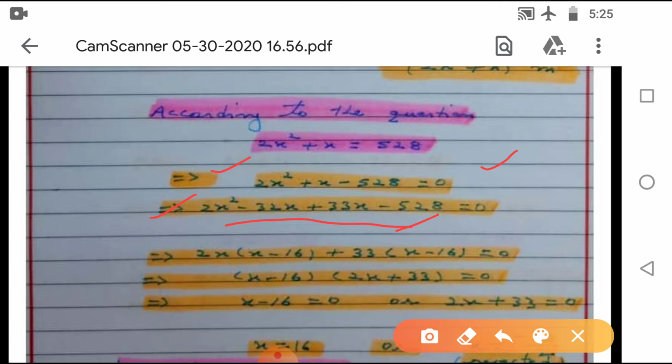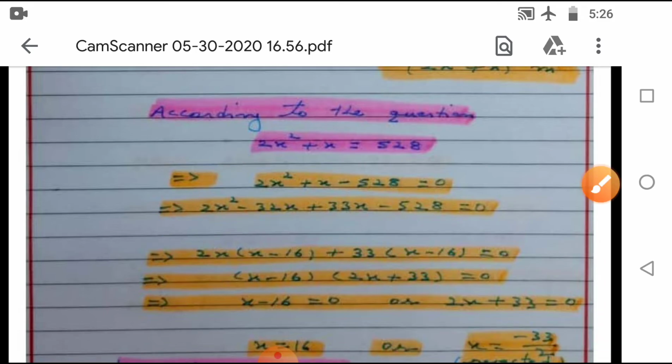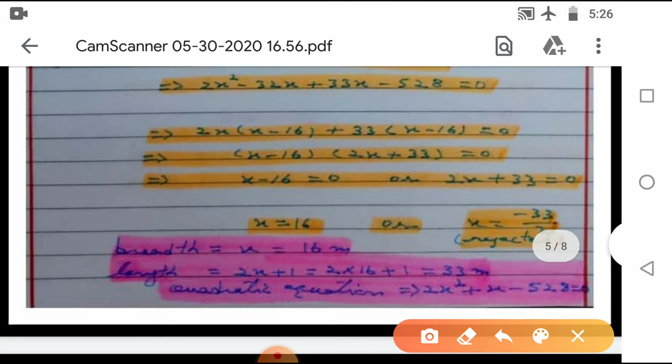So, 2x square minus 32x plus 33x minus 528 is equal to 0, and when you take common from the first two terms, that is 2x, it becomes 2x into x minus 16, and when you take plus 33 common for the last two terms, we get 33 into x minus 16, and finally, we have two factors, that is x minus 16 into 2x plus 33 is equal to 0. So, the value of x is 16, or x is equal to minus 33 upon 2.